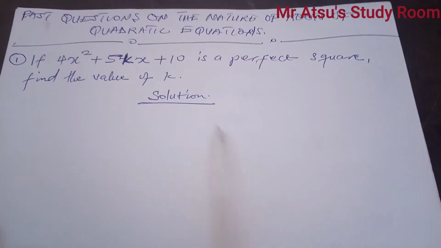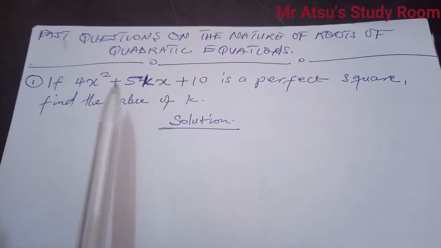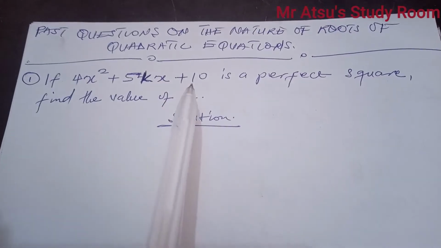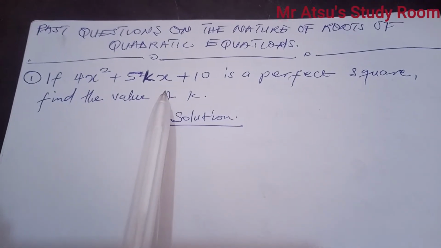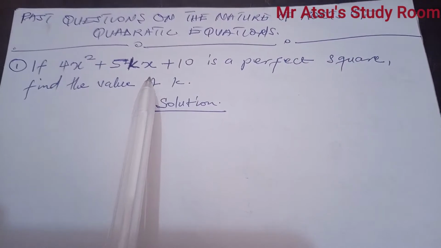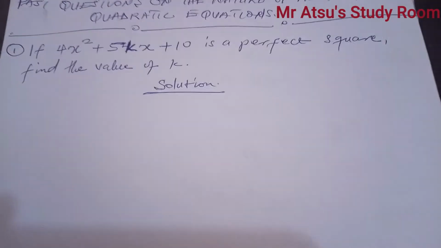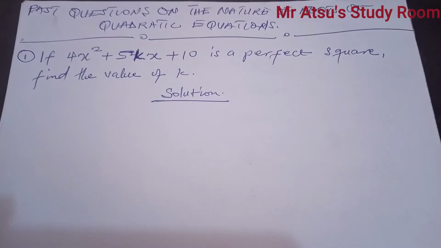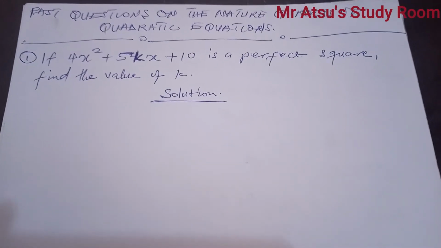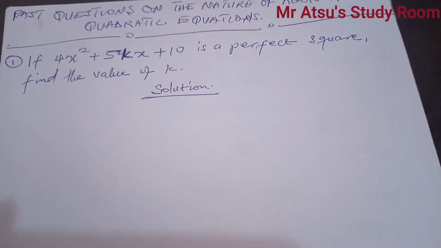So if this quadratic expression is a perfect square, then it means that it has a repeated root. And from the earlier video, we can remember that for repeated roots, the discriminant will be equal to 0. That is just what I'm going to write now.